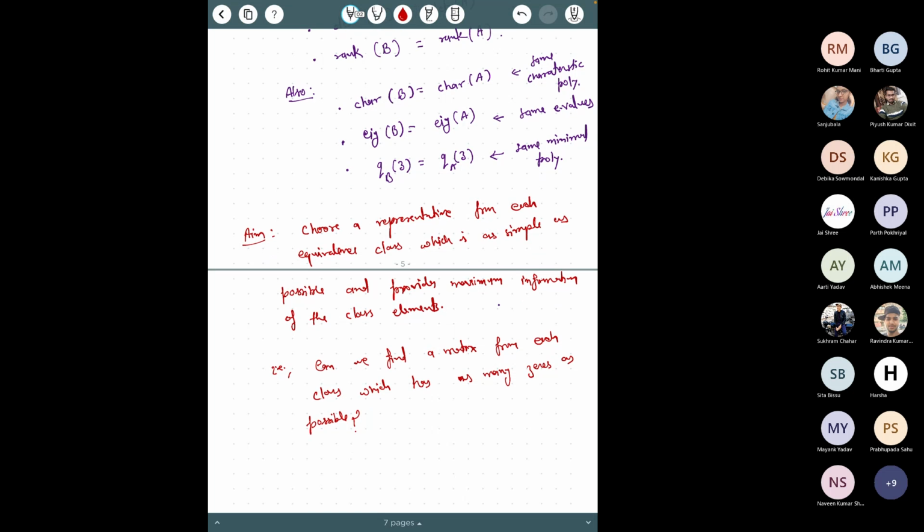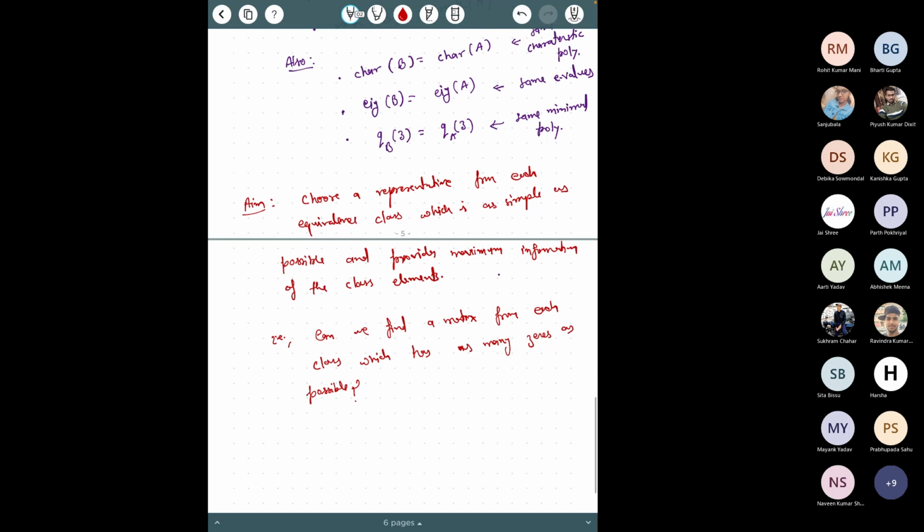But suppose I want to ask the similar question for a matrix representation of T. So then what would be the question? We know that if I take two bases and if I take their matrix representation, then these two matrix representations are similar. So in terms of linear transformation, what should I ask?